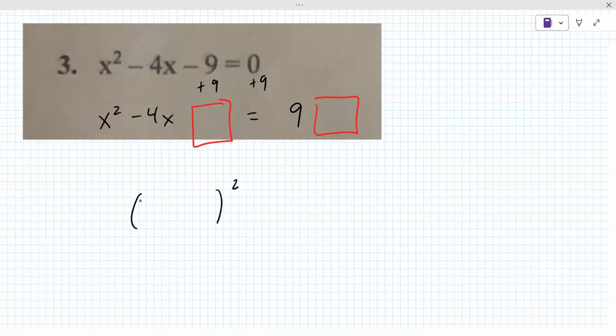What goes down here in parentheses? x - 2 squared. Very good.